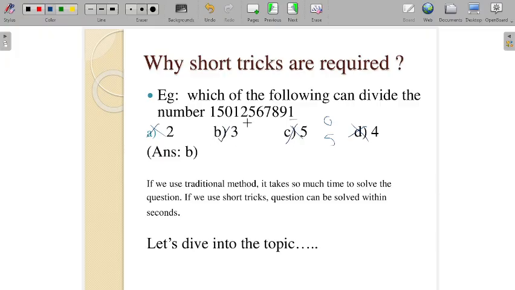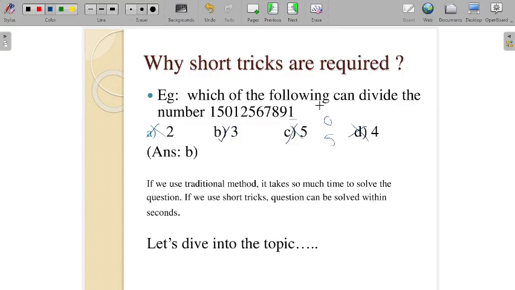Maybe we might have some doubt, so let's check it. In order to check whether 3 can divide the given number or not, first of all we need to add all the digits of this given number. 1, 5, 6, 7, 9, 14, 20, 27, 35, 44, 45.